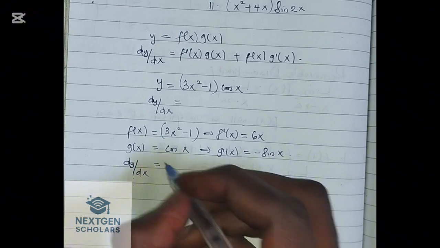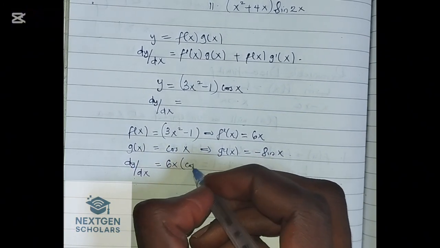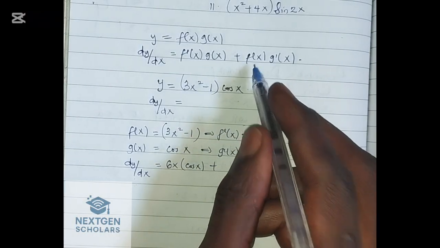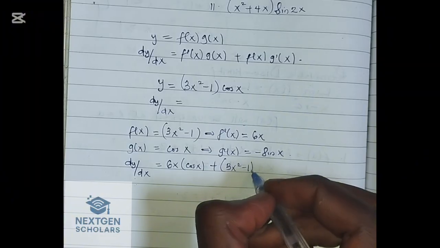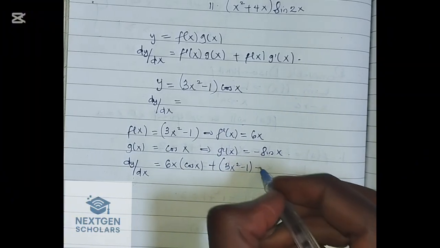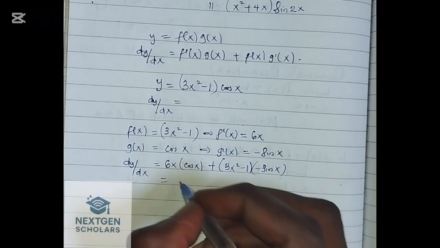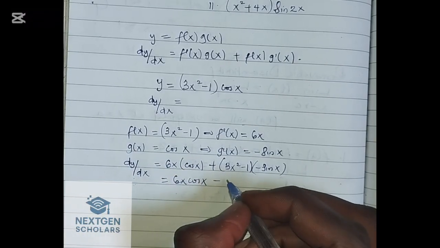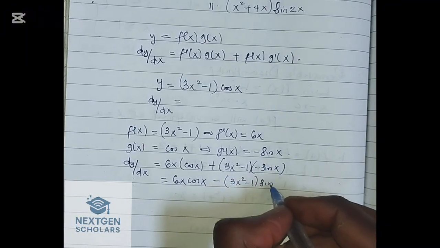F prime is 6x, g of x is simply cosine of x, plus now f of x is 3x squared minus 1, and g prime is negative sine of x. So at the end we get 6x cosine of x minus (3x squared minus 1) sine of x.